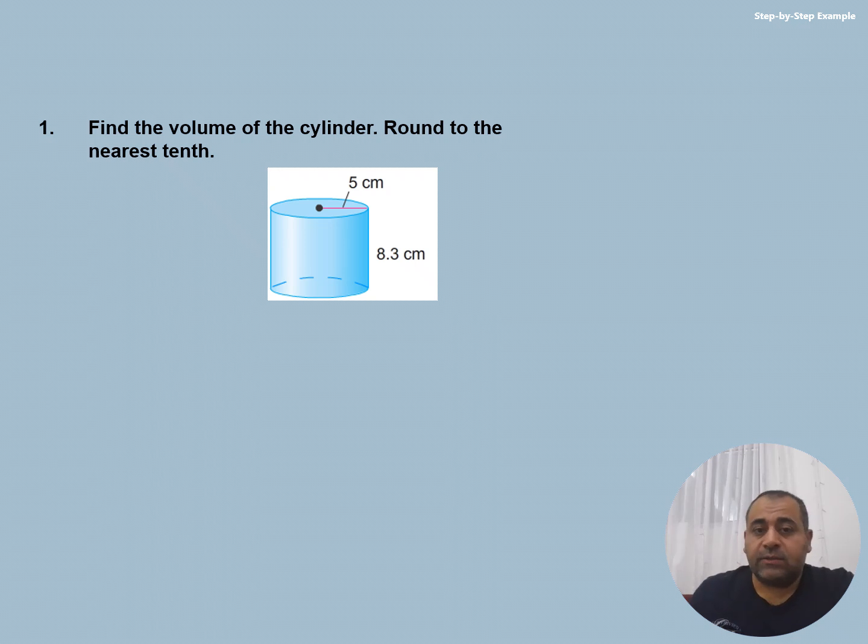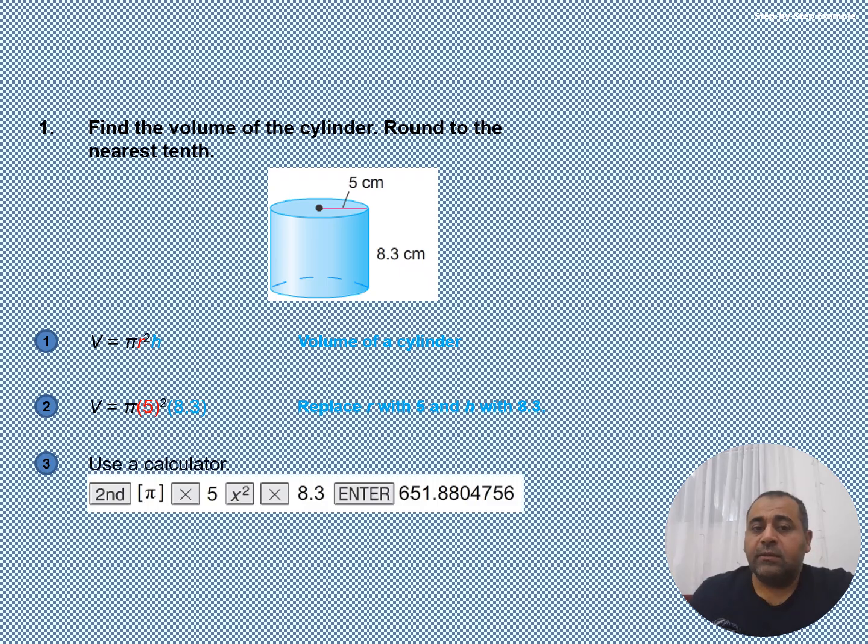So r here is 5 and the height now is 8.3. I will write the volume is pi r squared h, my formula, and then substitute: r is 5 and the height is 8.3. We can use a calculator to calculate this, and we should learn how to use it to find pi.